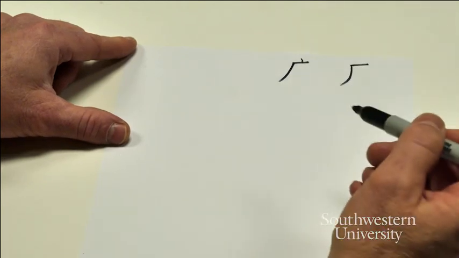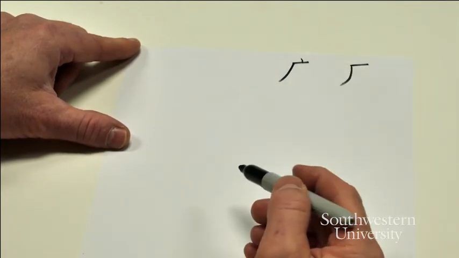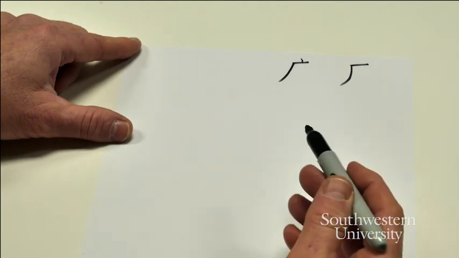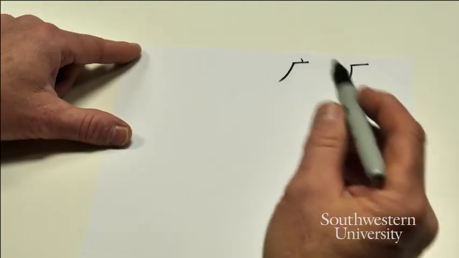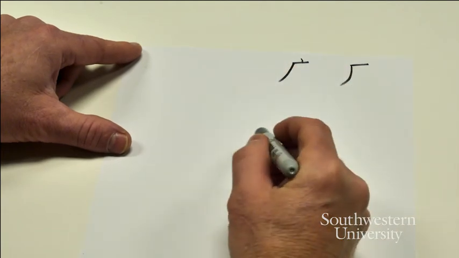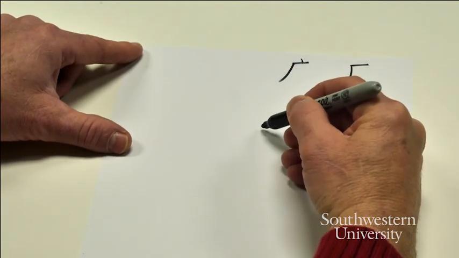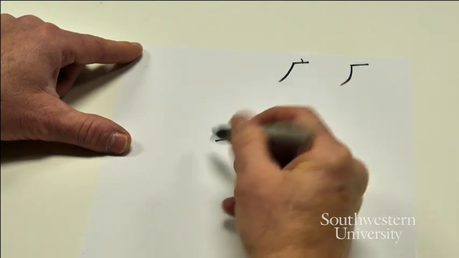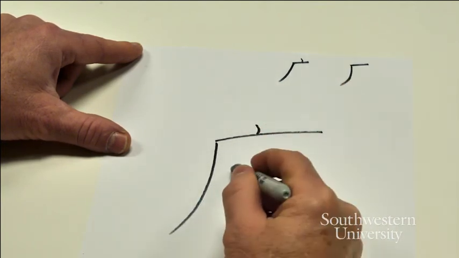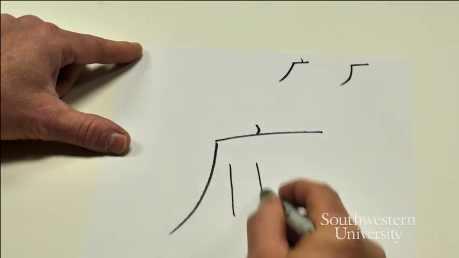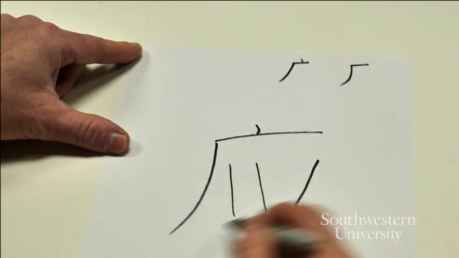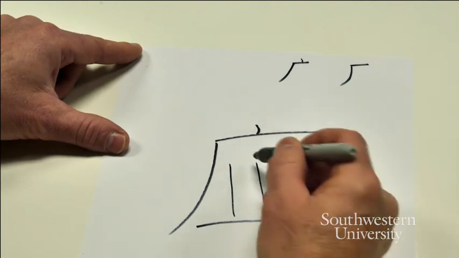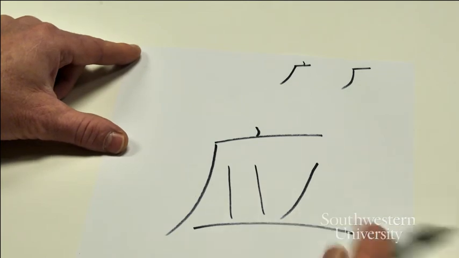And then you had the component in here that indicated the bird, an eagle or a falcon. So by extension, well, I think it's just phonetic. It's just a phonetic component. Simplified to this. Notice when you do this, these two strokes go this way, and then the third goes the other way in.